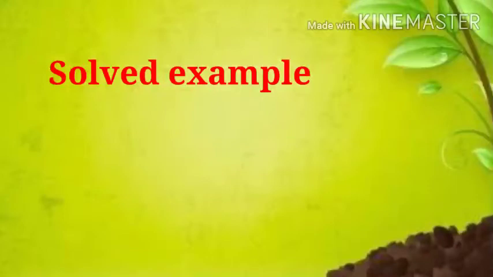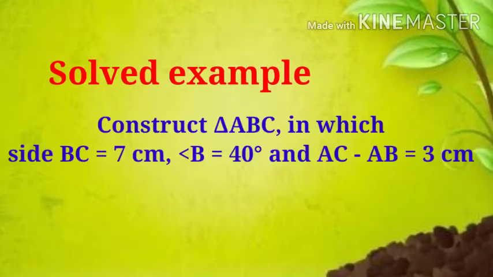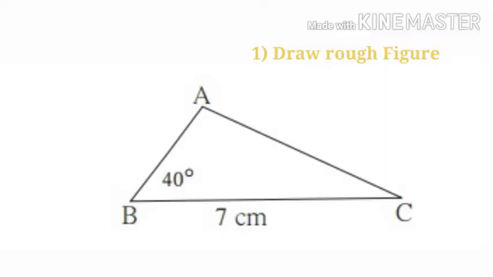Now we will take one solved example from the book. Construct triangle ABC in which side BC equal to 7 cm, angle B equal to 40 degrees, and AC minus AB equal to 3 cm. Now first we will draw a rough figure of triangle ABC.